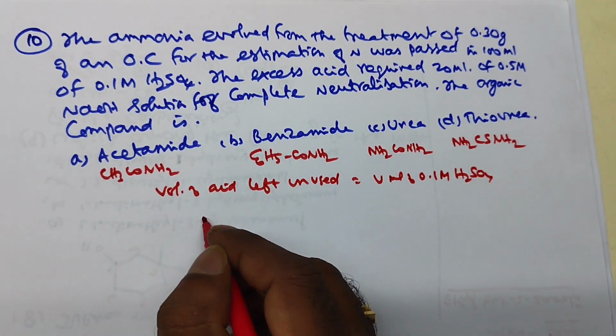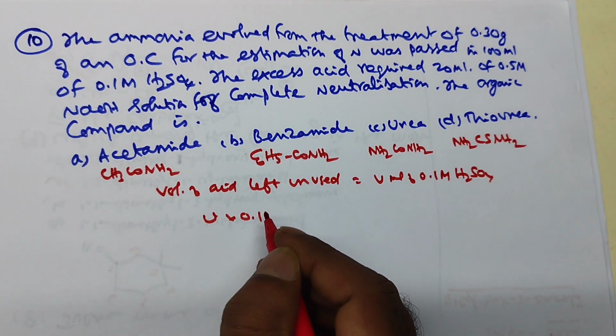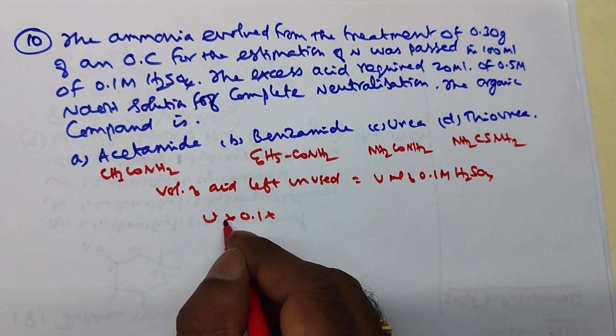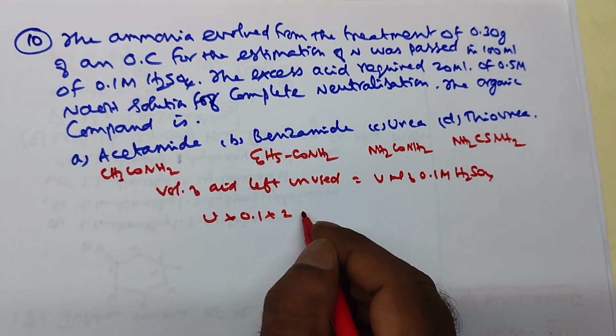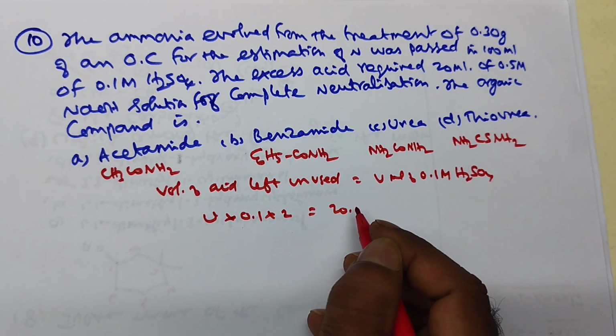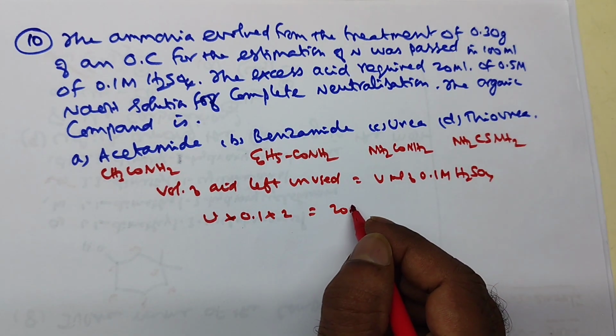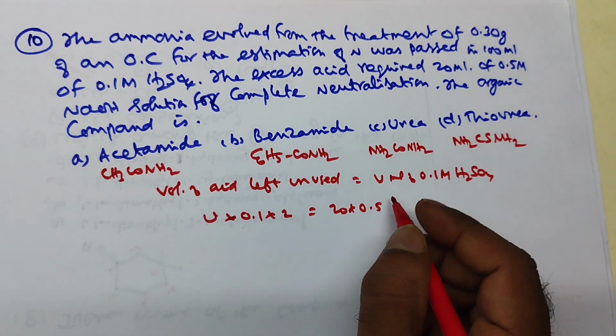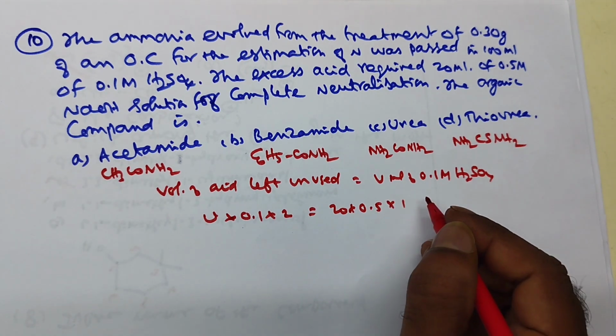So here V into 0.1 into basicity of sulfuric acid, which is 2, is equal to 20 into 0.5 into 1.